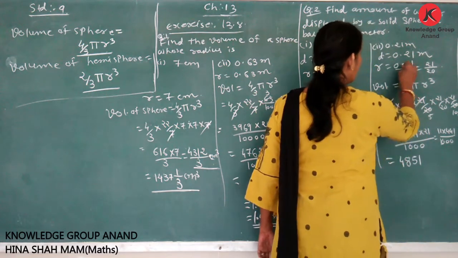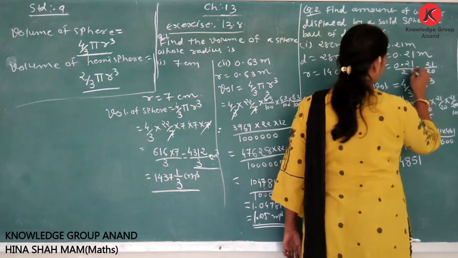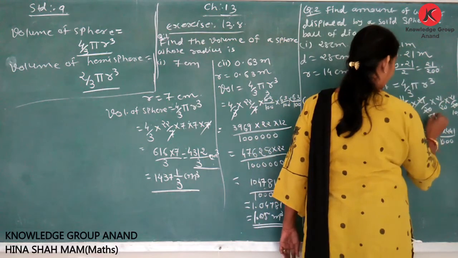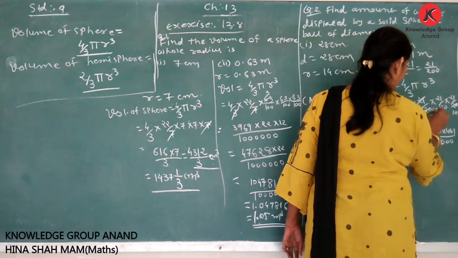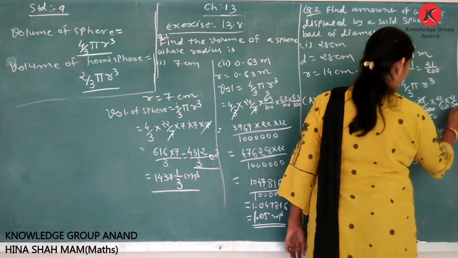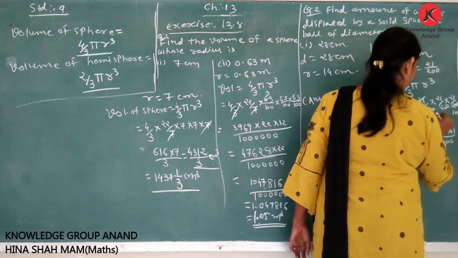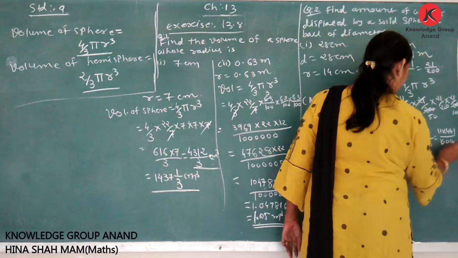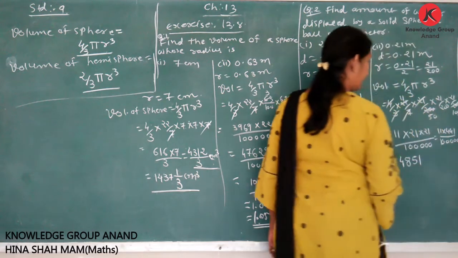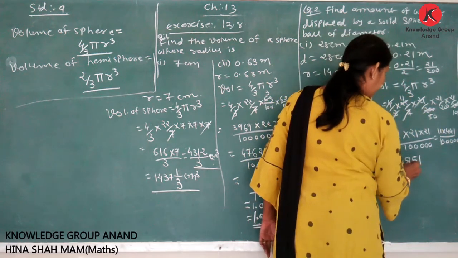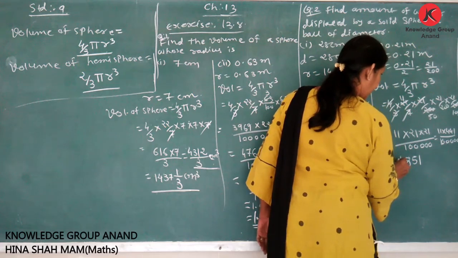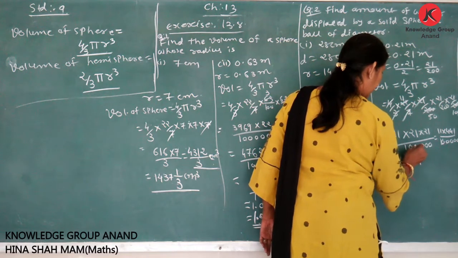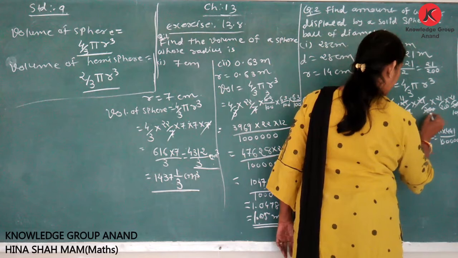0.21 here it is 21 by 2 and 200. We write here 50, 200 and 200, therefore 100.